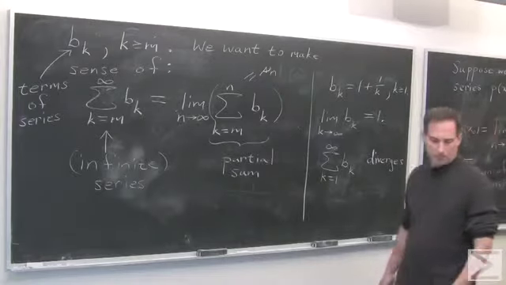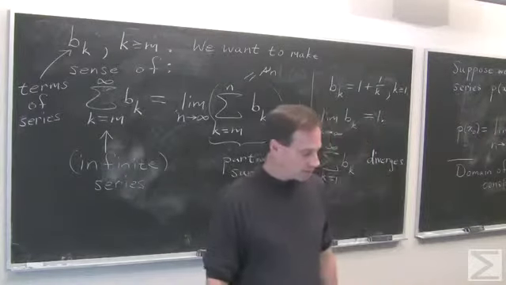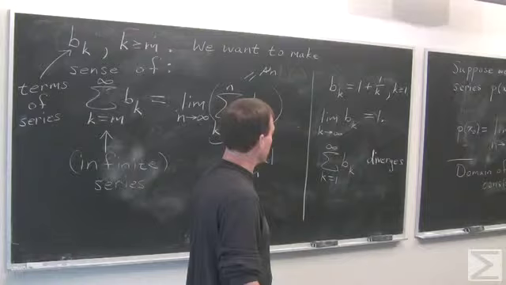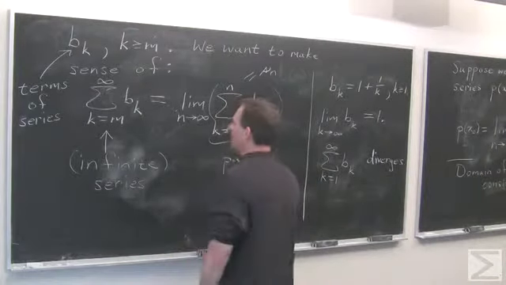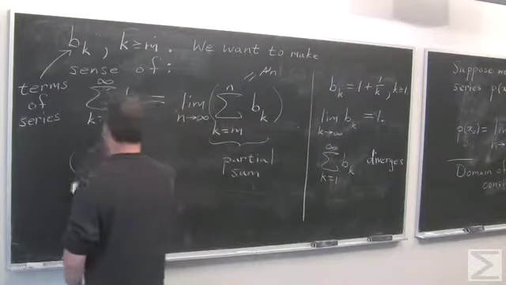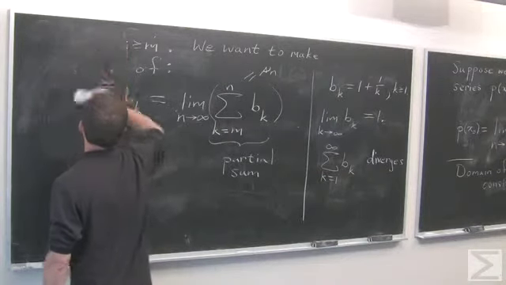So there's one point where you always know a power series function converges. The real question is, for what other values does it converge?